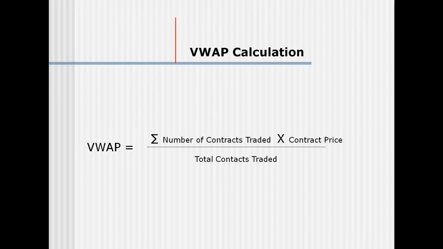So it is a mathematical calculation, and it changes from one day to the next. And it also certainly changes during the day, but the initial value changes at the open from one day to the next. We always begin with a new VWAP whenever a day session opens.